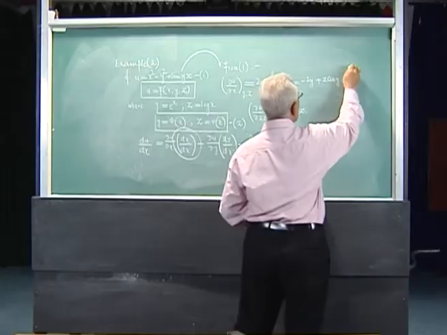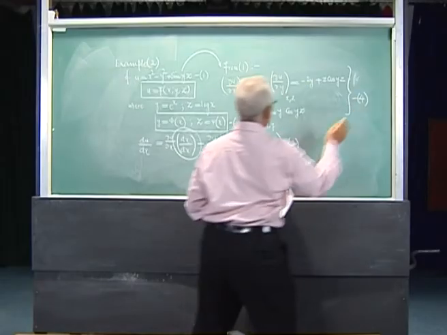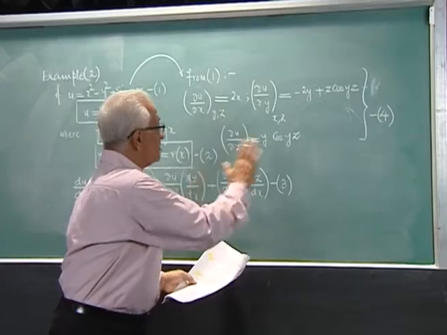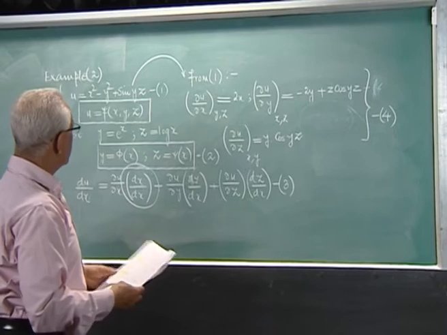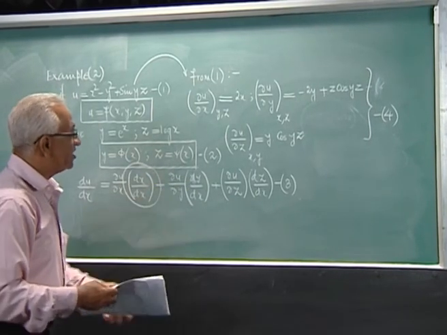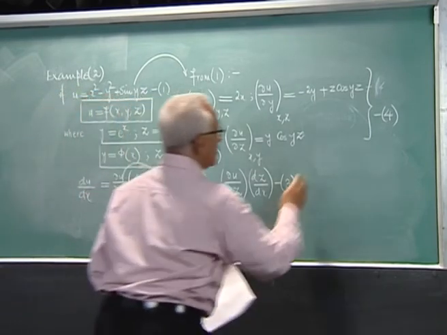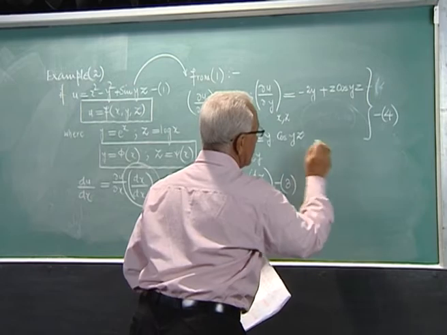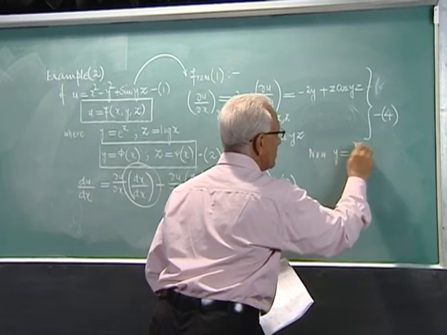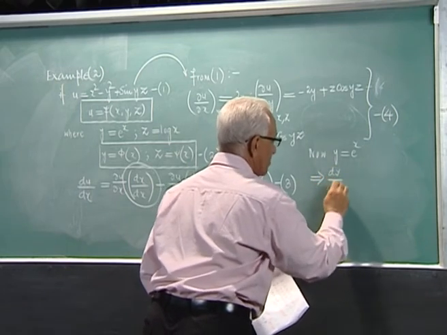Let me take all these together as equation 4. These are the partial derivatives that we have calculated. What we need is dy dx and dz dx. So from these two equations, y is equal to e to the power x implies dy upon dx.